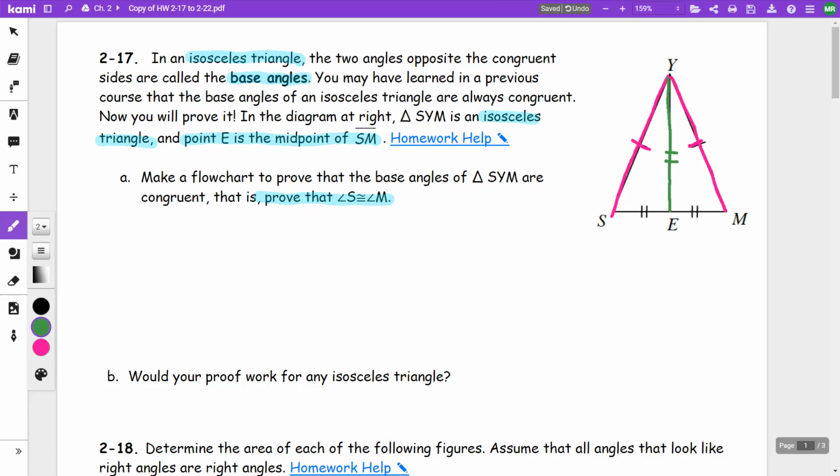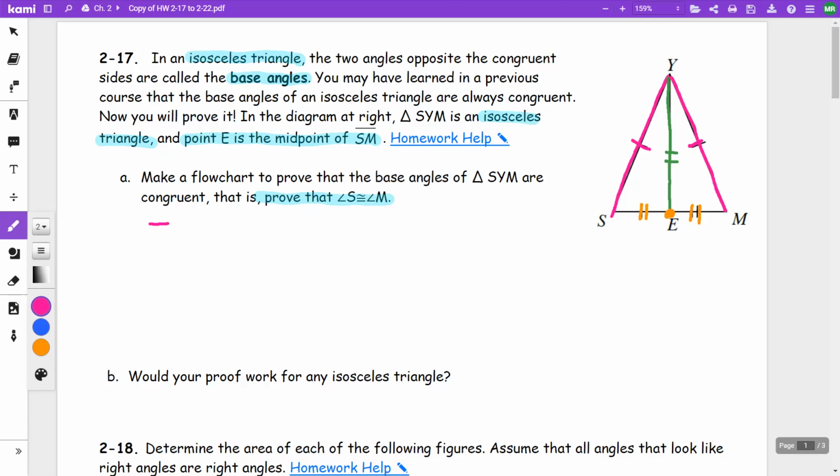And then they also told us that E is the midpoint of this line segment SM. What that means is that S to E is going to be the same as E to M. So it looks like I'm going to have side, side, side.